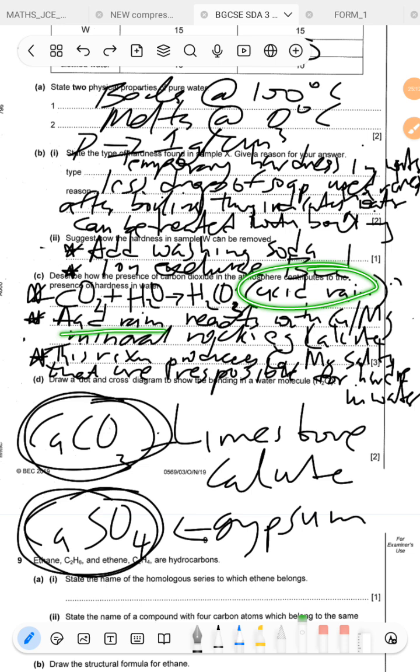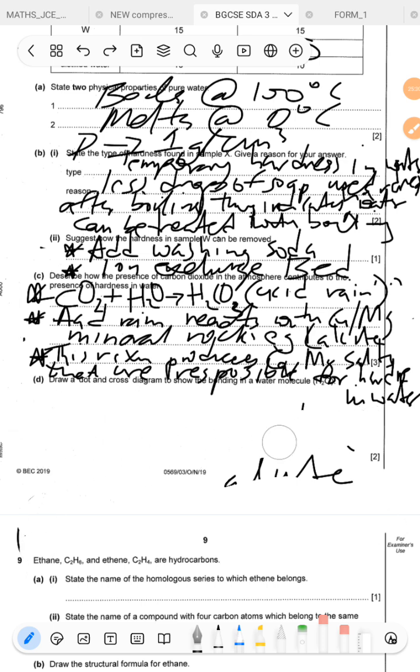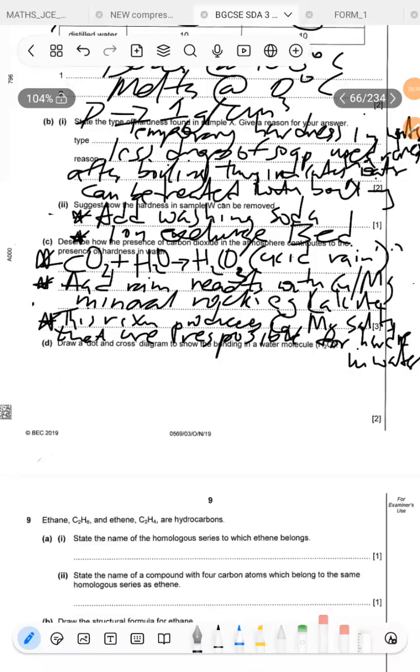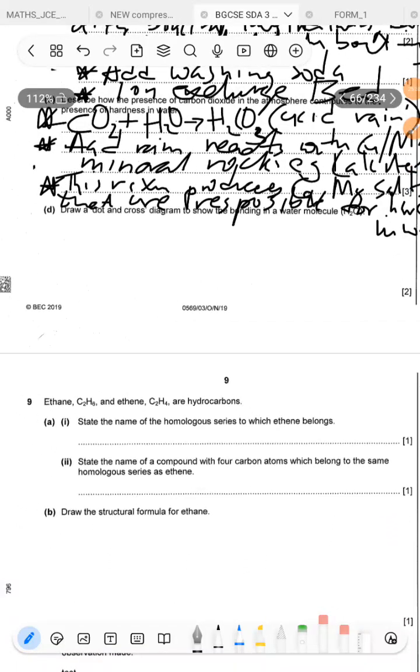With mineral rocks such as calcite, limestone, etc. And this is where we get our calcium or magnesium salts, which are responsible for hardness in water. So you have to understand this from a chemical reaction standpoint. You need to understand the chemistry behind whatever process you are trying to understand, always.